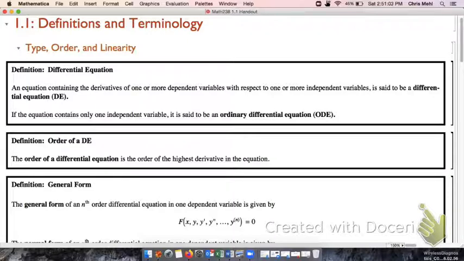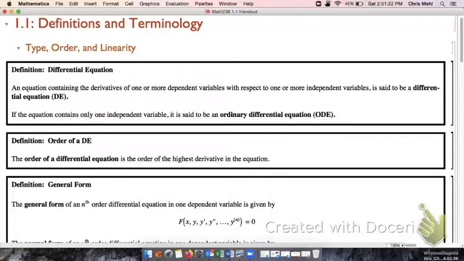If the equation contains only one independent variable, it is said to be an ordinary differential equation. So we're basically going to only be working with a single independent and a single dependent variable.